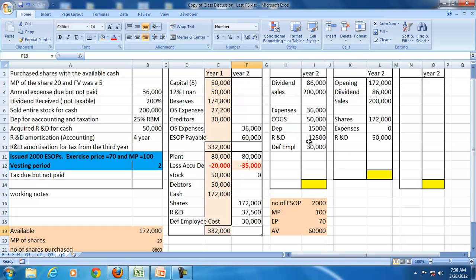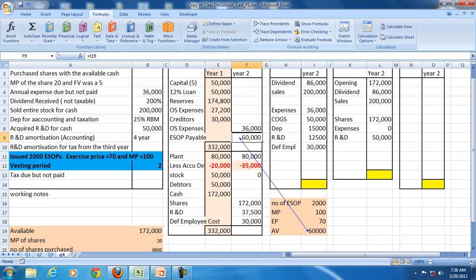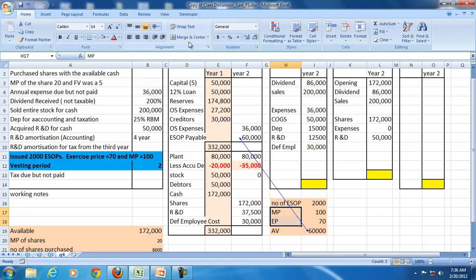To recap, whenever there is an ESOP, the value of ESOP is calculated as the excess of the market price over the exercise price. So in this case it is 100 minus 70, 30.